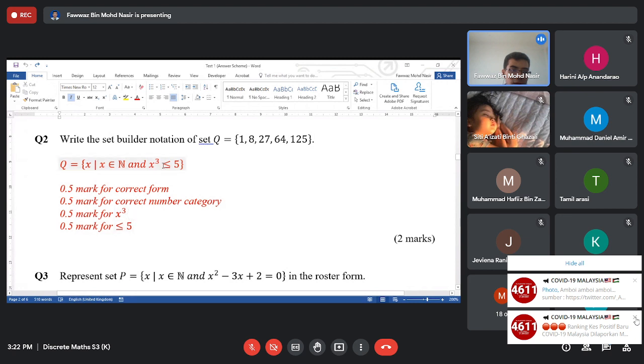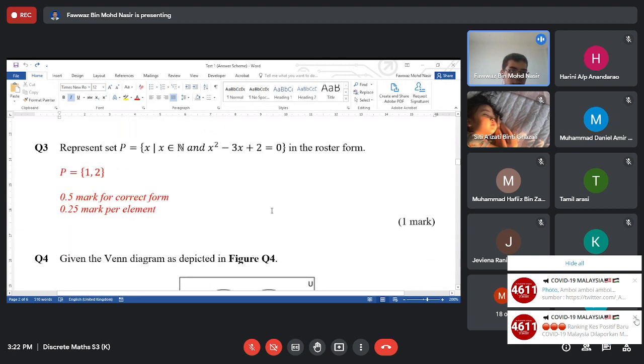If you put the right condition at the back, you get 0.5 mark. The condition can be either less than or equal to 5, or less than 6. So altogether you get 2 marks.